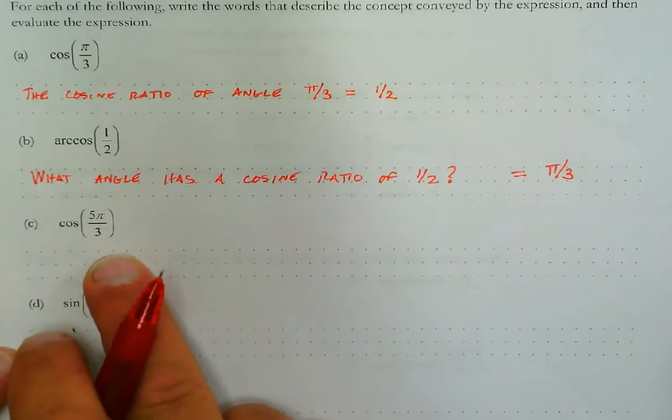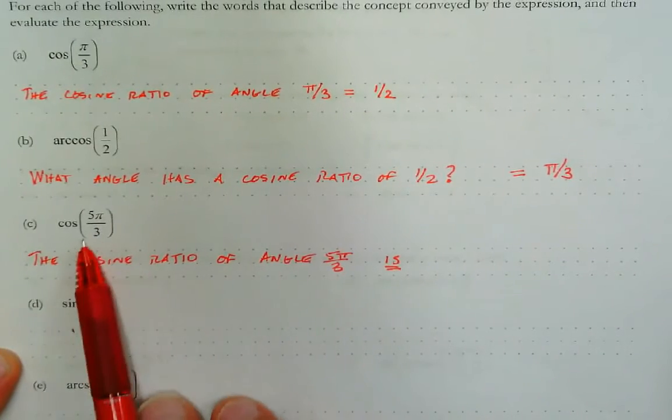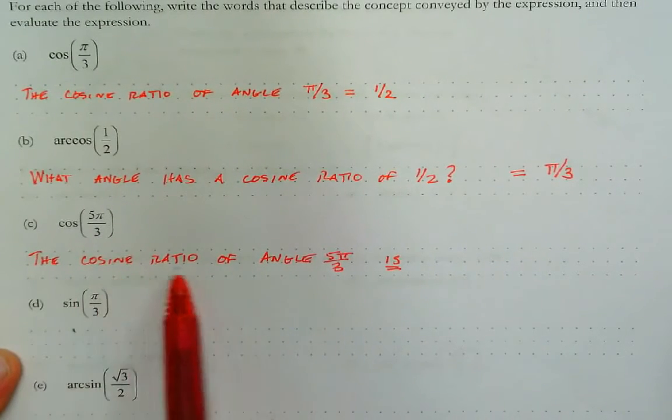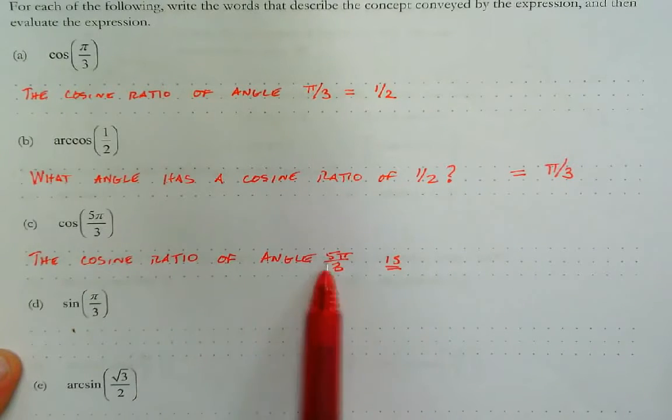But wait, what about this next piece, the cosine of 5 pi over 3? Well, this is saying the cosine ratio of angle 5 pi over 3 is, right? What is that cosine ratio?